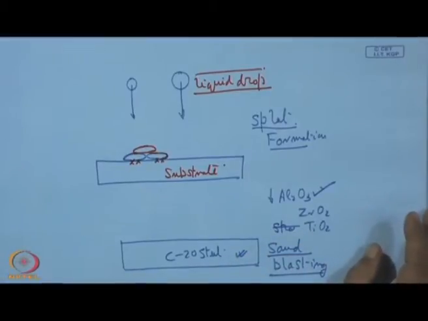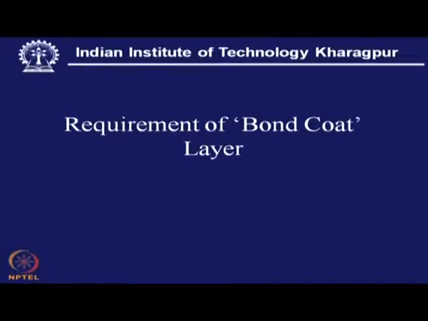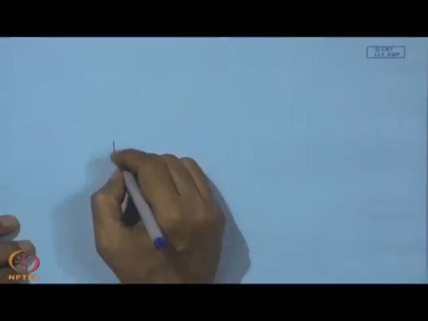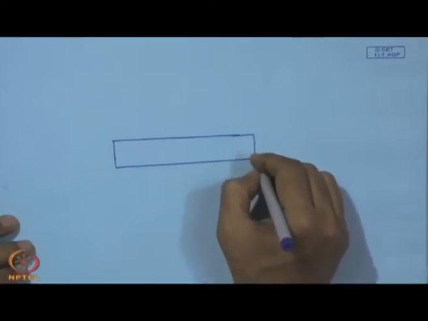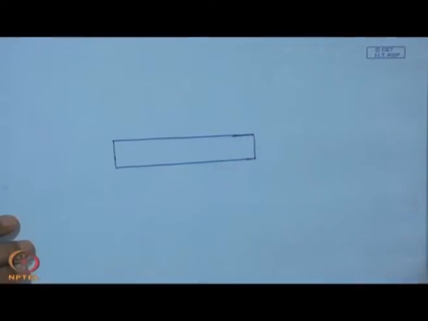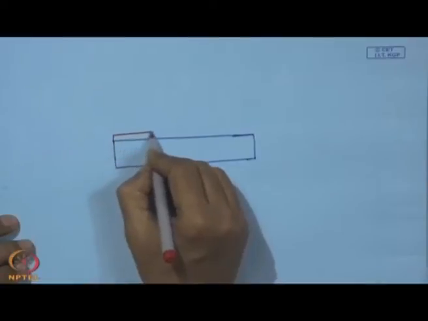So, what is done in many cases, we have to put what we call a bond coat. So, this is a particular material. This is a substrate, and over this substrate we have a bond coat.